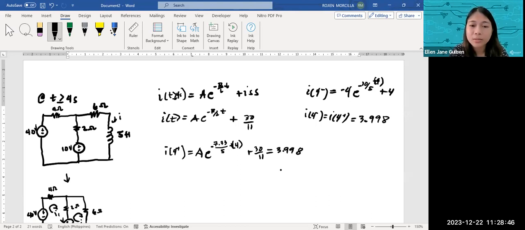Okay. So with that, A is equal to 3.998 minus 30 over 11 divided by e to the negative 7.5 times 4.